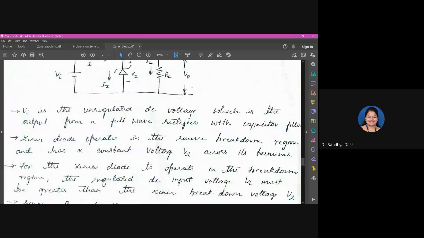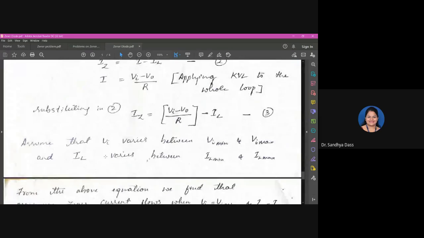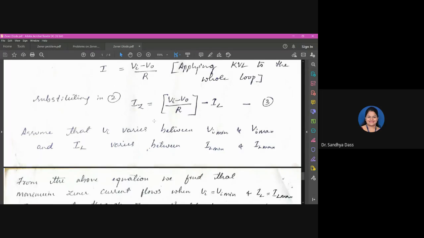So from that, let's see this equation 3. Assuming my VI is varying from VI minimum to VI maximum, and IL is varying from IL minimum to IL maximum.